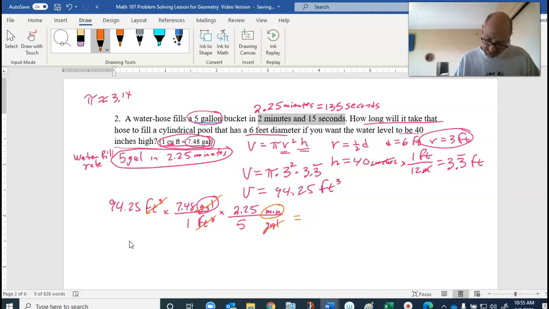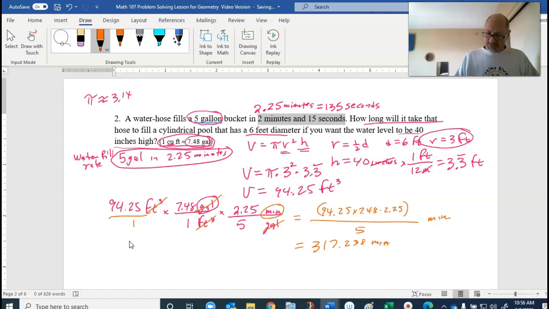So 94.25 times 7.48 times 2.25, all over 1 times 1 times 5, and that's going to give me minutes. And so that ends up being 317 point whatever 238 minutes. I'm not really worried about that because that's way too precise for a hose filling a pool.